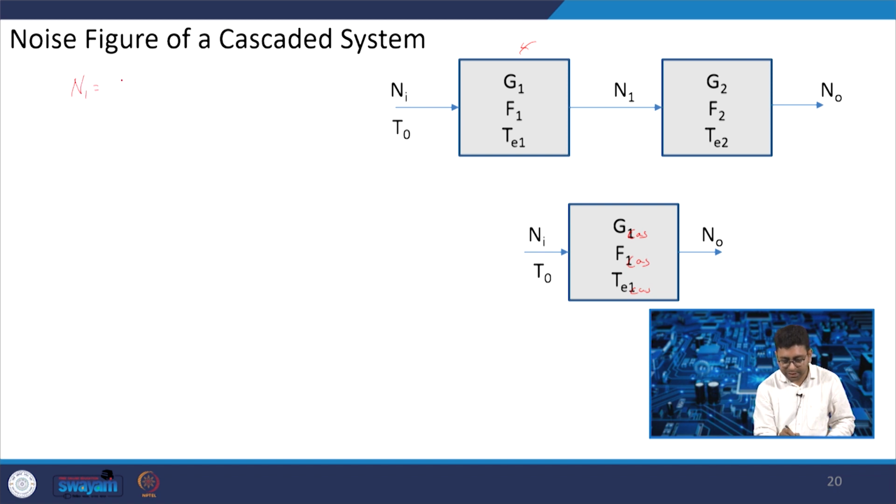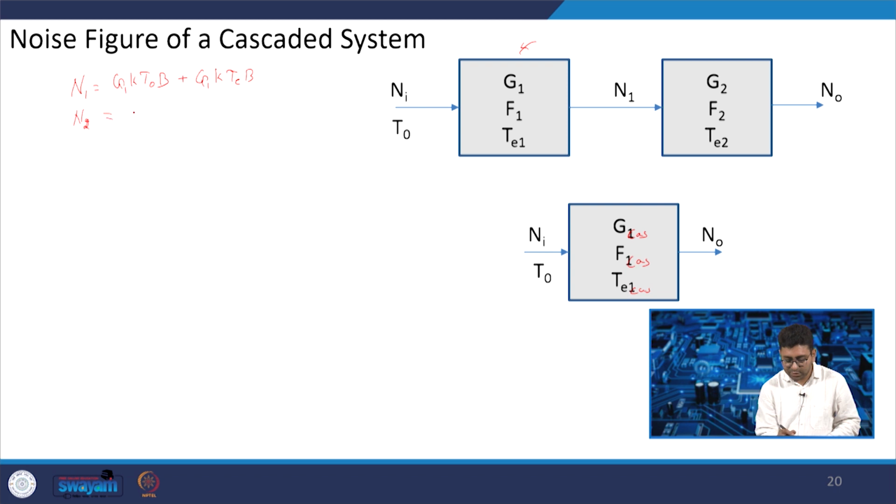N1 is nothing but G1 into k T0 B, plus G1 k TE1 B, that is the N1. Then what is the N2?